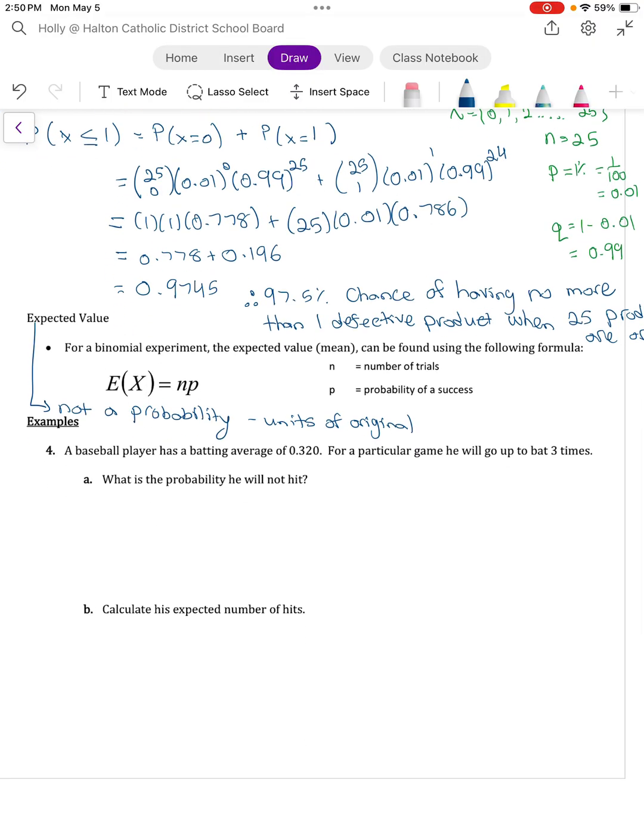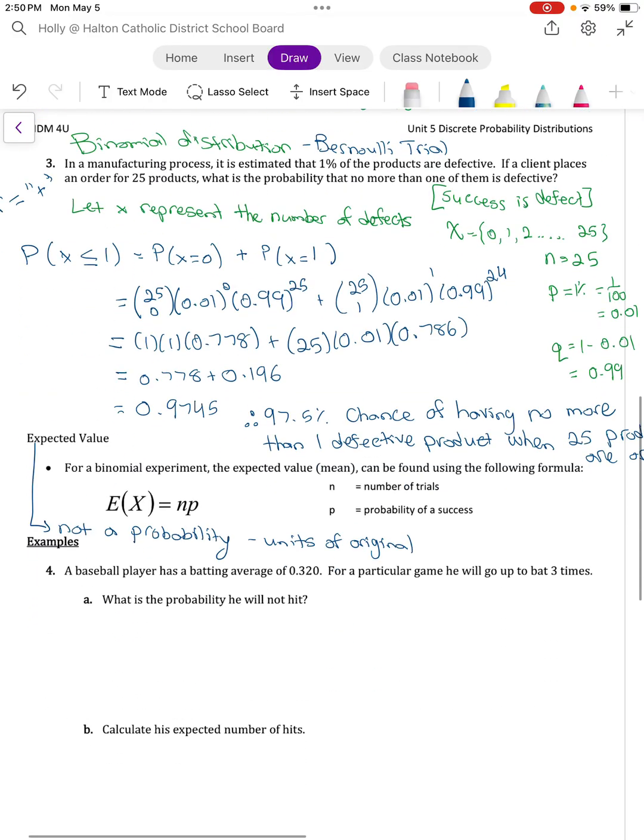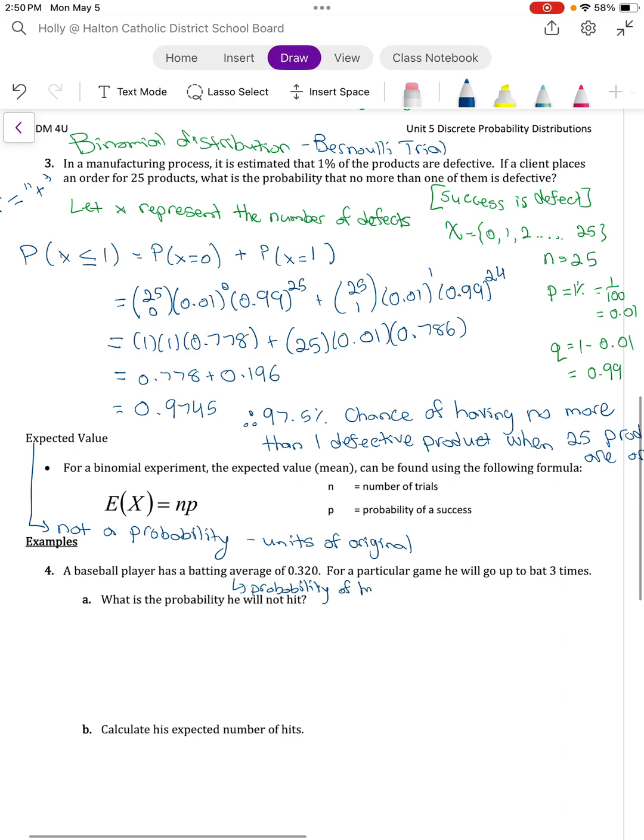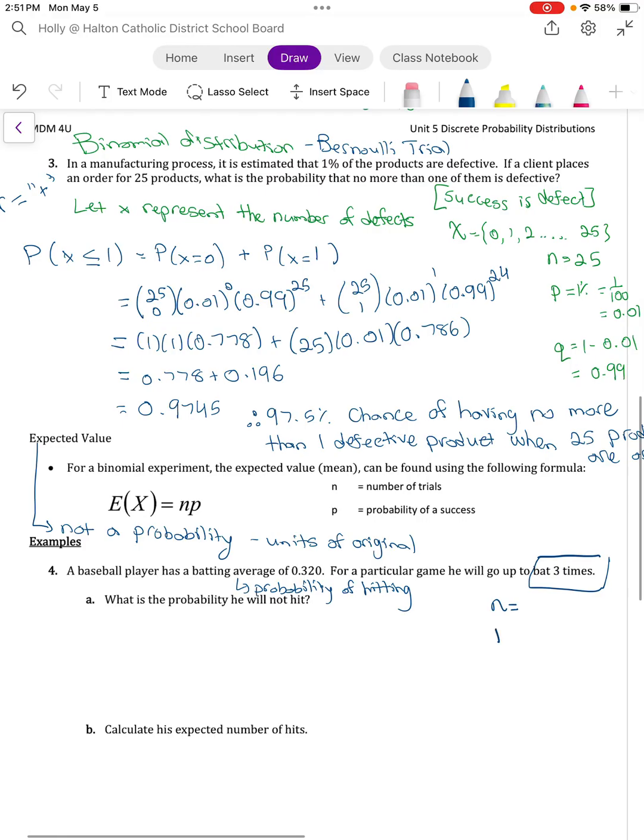A baseball player has a batting average of 0.320. So the probability of hitting, this is the probability, that would be a success. For a particular game, he will go up to bat 3 times. So that's the number of opportunities, meaning N is equal to 3. The probability of success, hitting the ball, would be 0.32.